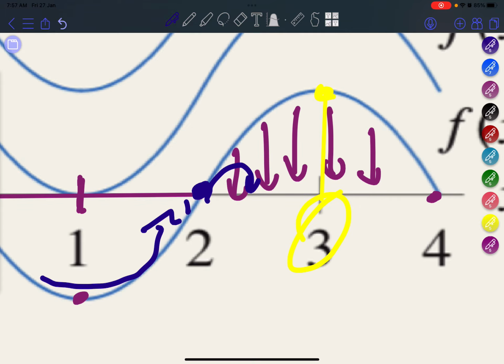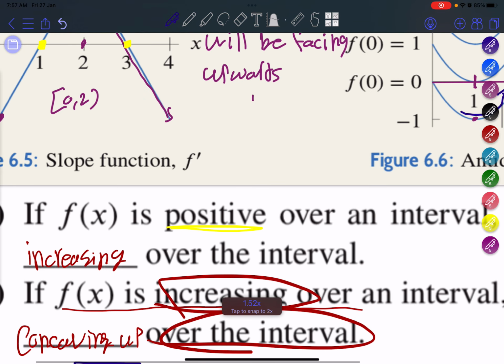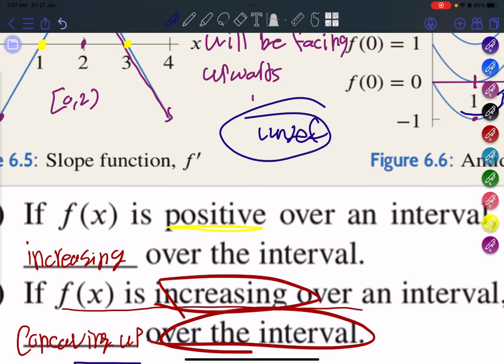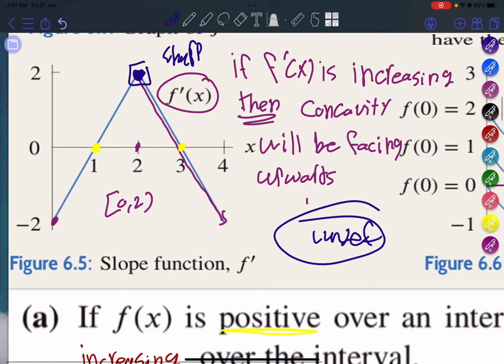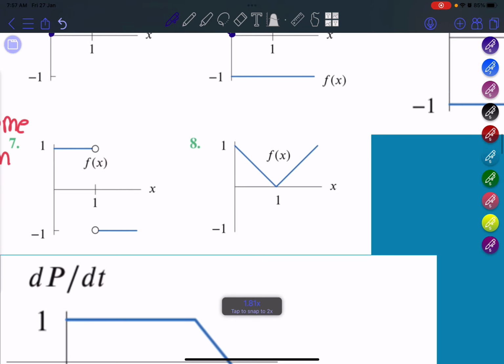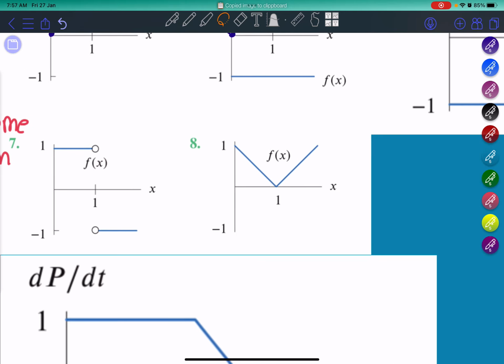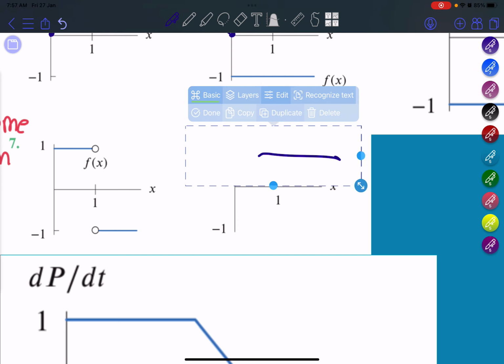The point 2 is between the concavity up and concavity down graphs, which means that it's undefined for a critical point, and we know that a sharp point violates one of the 3 differentiability rules that we have, so it all makes sense. That's why we can take this and never discuss question 8, because we never did in the class.